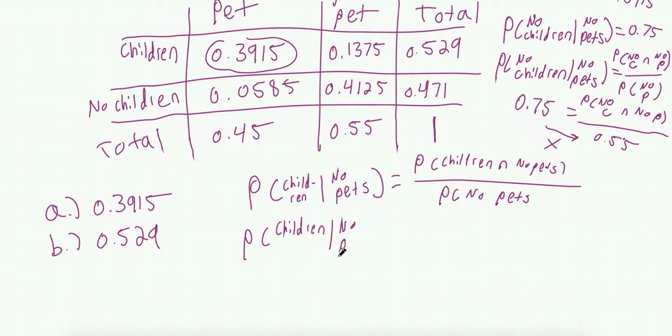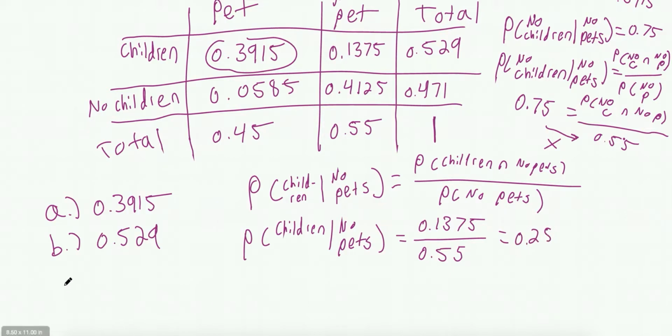Probability of having no pets is 0.55. So we'll divide those two. And that is equal to 0.25. That's your answer for C. So C is 0.25.